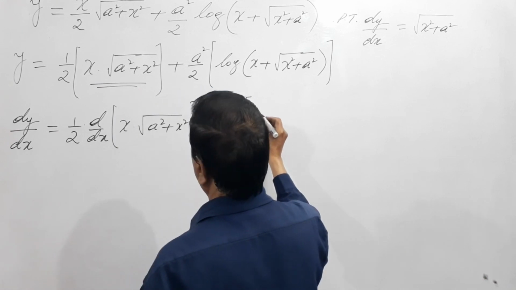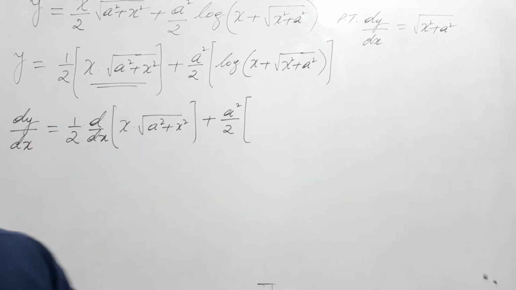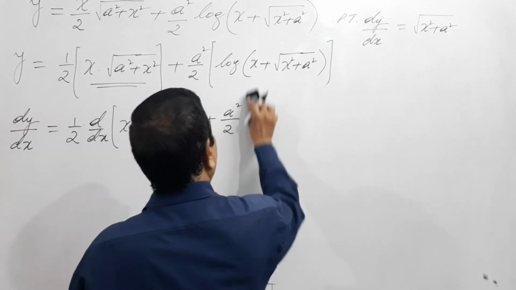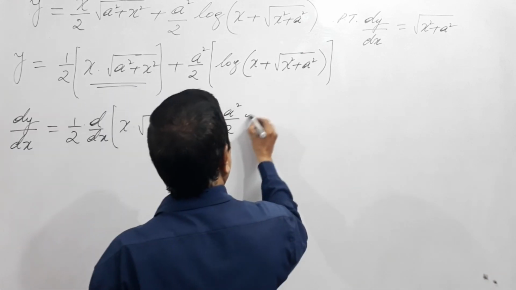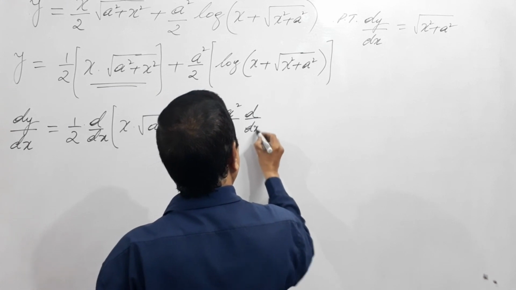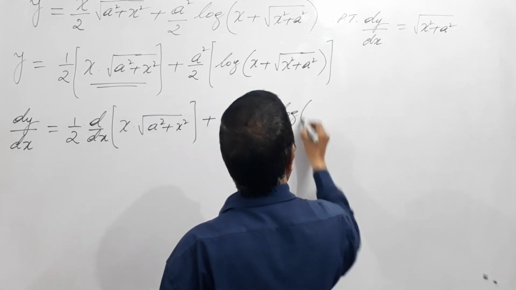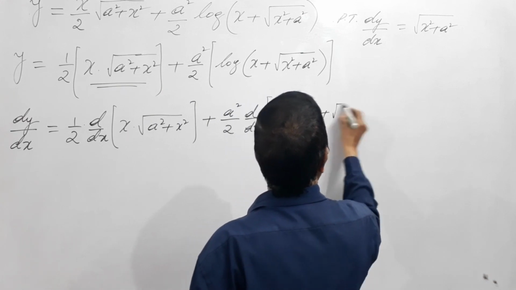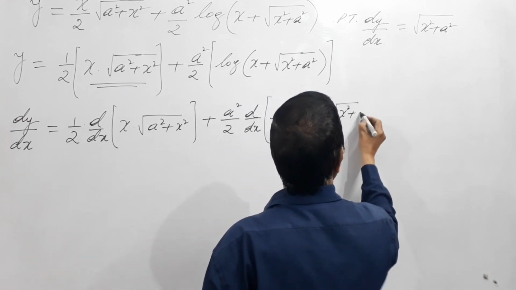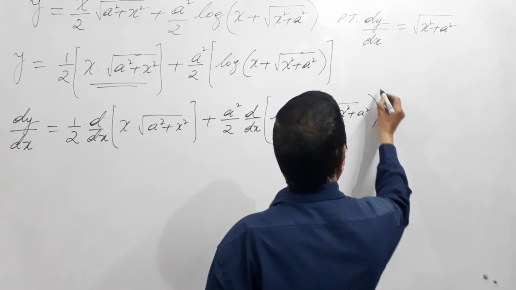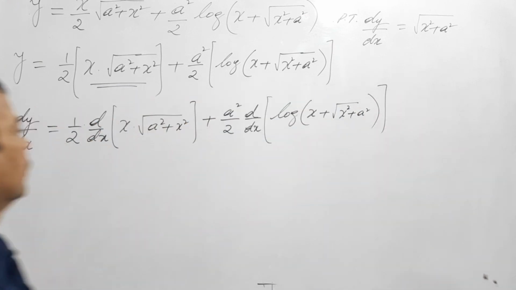This will be a square by 2 outside, d by dx of log of x plus x square plus a square. So now I think you can easily simplify this.